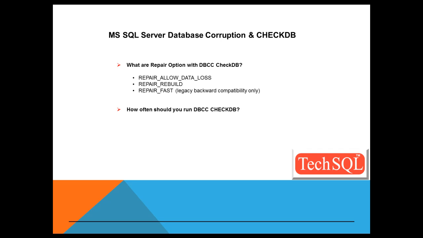Almost all errors can be repaired with DBCC CheckDB, but there are some exceptions, and those are DBCC CHECKCATALOG errors and data purity errors found through DBCC CHECKTABLE. Those cannot be fixed. When you run DBCC CheckDB with one of the repair options, SQL runs DBCC CHECKCATALOG and repairs what it can.